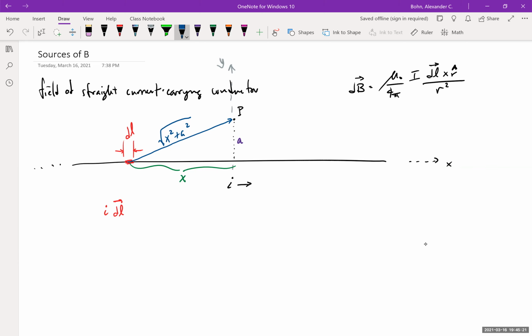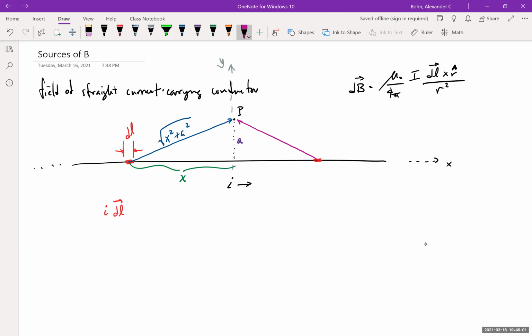But no matter which x coordinate we consider, the cross product involved from that differential current to the point P, no matter what we do, our right hand is going to say, okay, dl is a vector that points in the direction of the current.